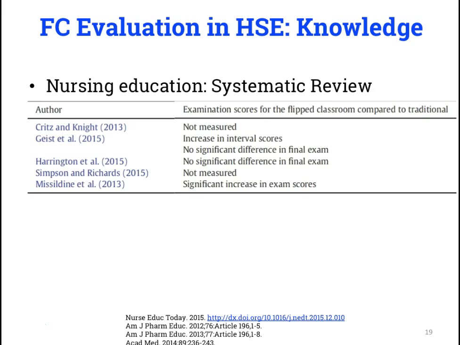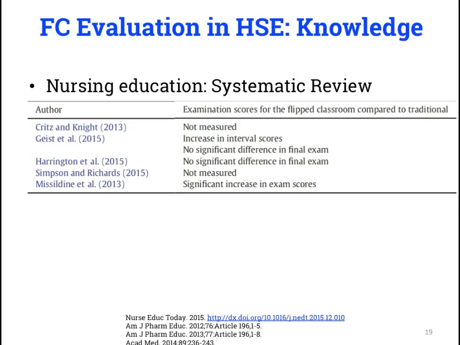Here you see a nursing education systematic review, of which that Miss Aldine article was one of them. And you can see here that they couldn't compare the different studies, but these were some of the studies where they looked at examination scores, of which some of them are there.